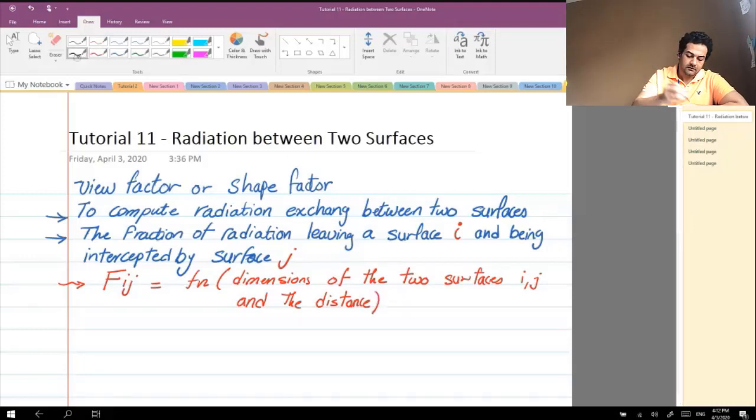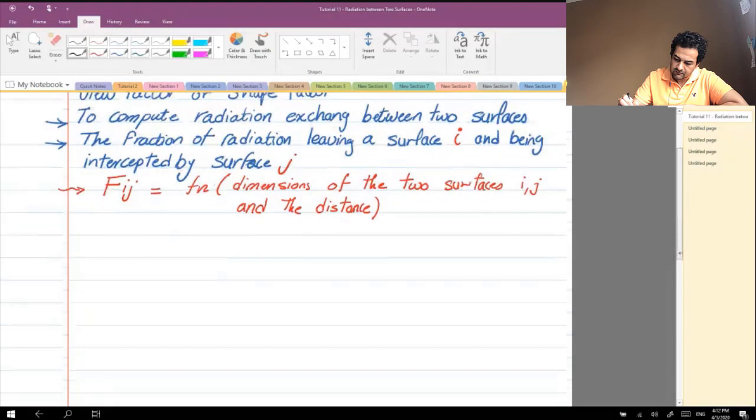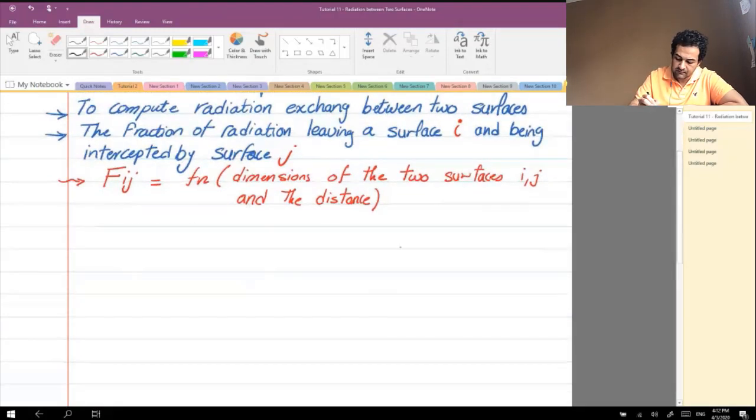So a very simple schematic, or a very simple example about this.